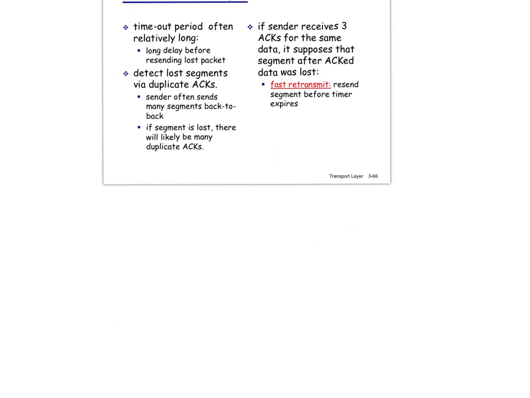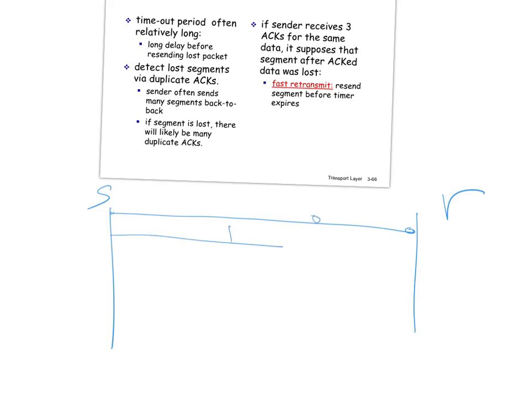this will touch on the same scenario again. So this is the sender and this is the receiver. The sender here sends segment 0. I will try to use indices, not bytes, just for simplicity. So segment 0. Segment 1 is still wandering in the network, but segment 2 arrives.